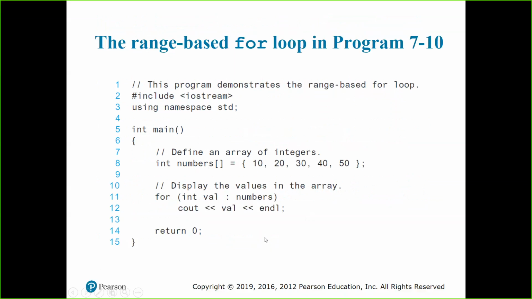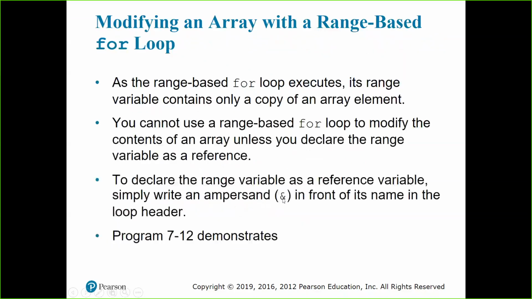So if you want to modify or apply some operation on the array values, we will have to use an ampersand, the address-of operator, in front of the variable that we are using.